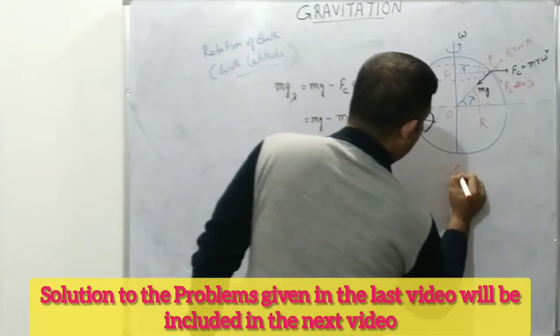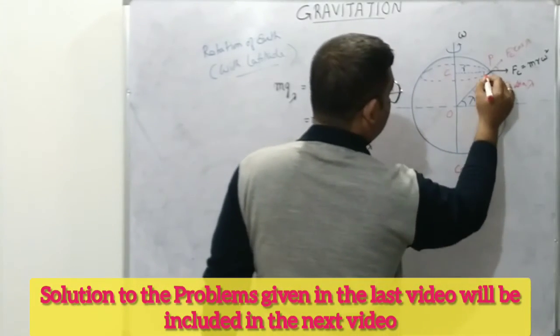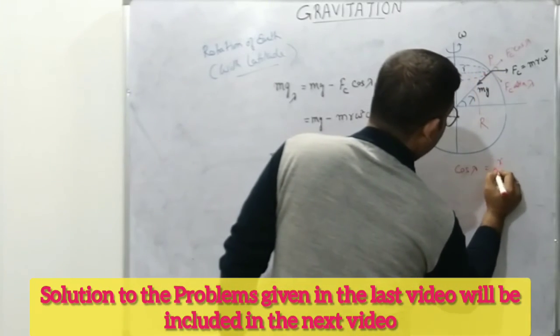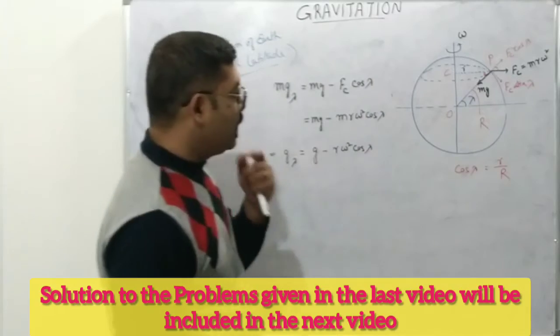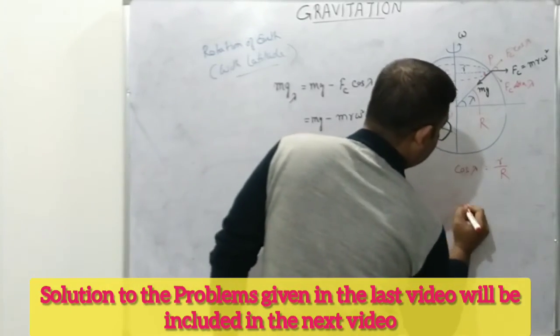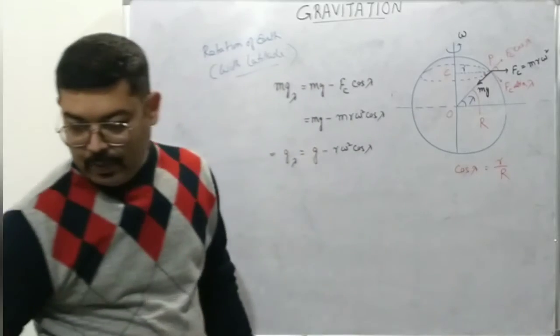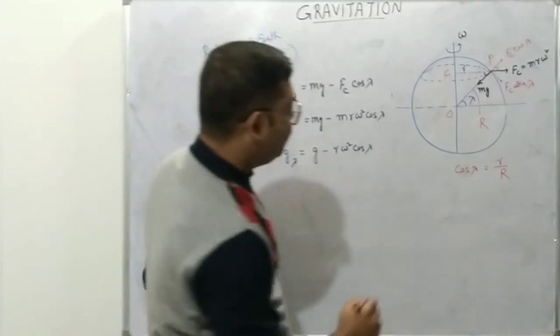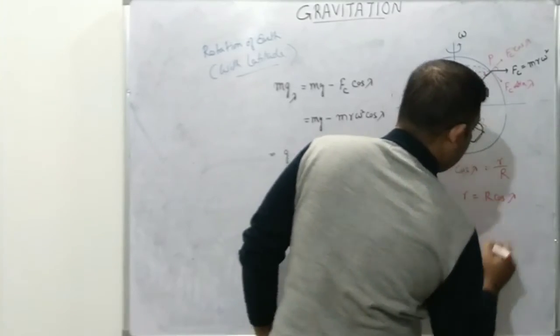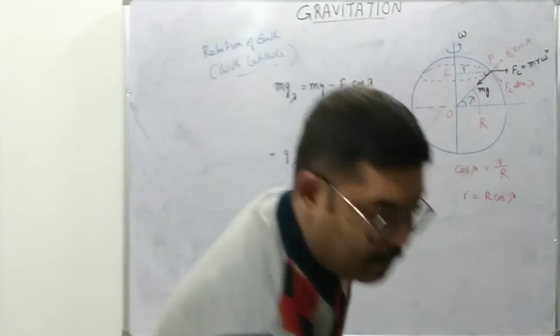So cos lambda, this angle, will be r by this, or we can say that r will be equal to R cos lambda, capital R cos lambda.